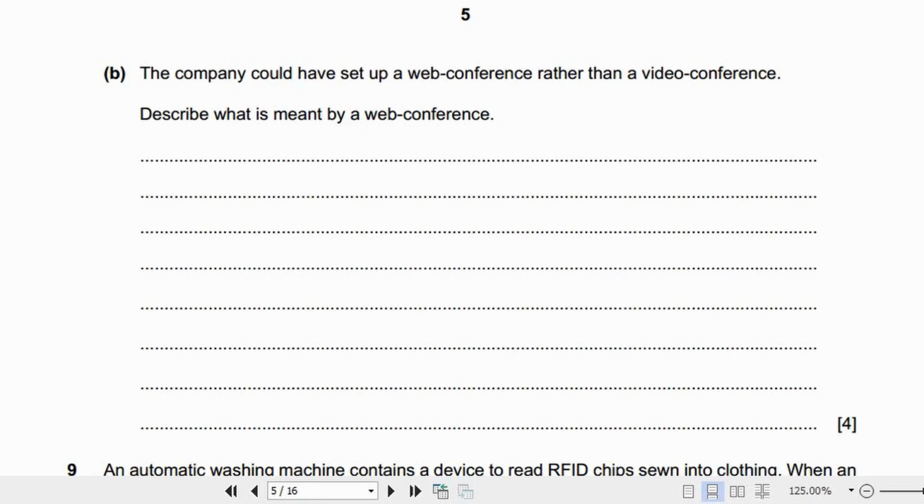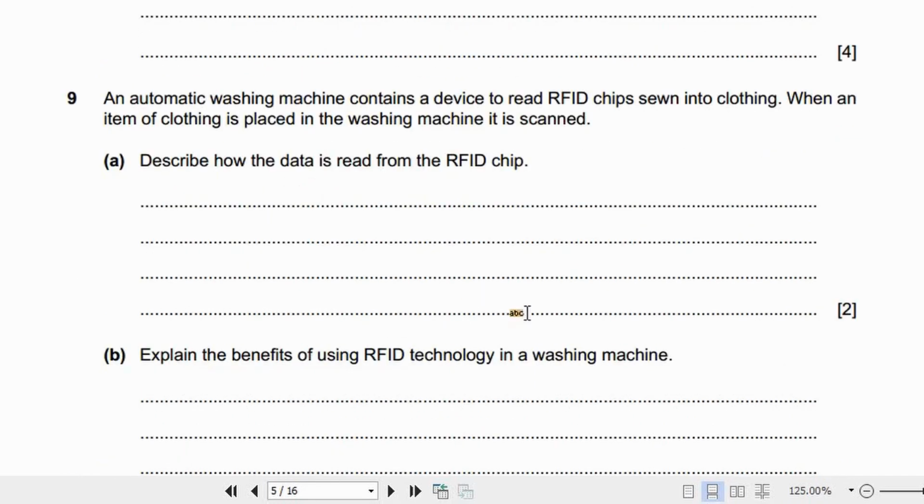Let's go to question number 9. We have time, so question number 9 can be finished as well. An automatic washing machine. Let's first try to understand the scenario. We have an automatic washing machine containing a device to read RFID chips sewn into clothing. So RFID is in the clothing, and we have an automatic machine.